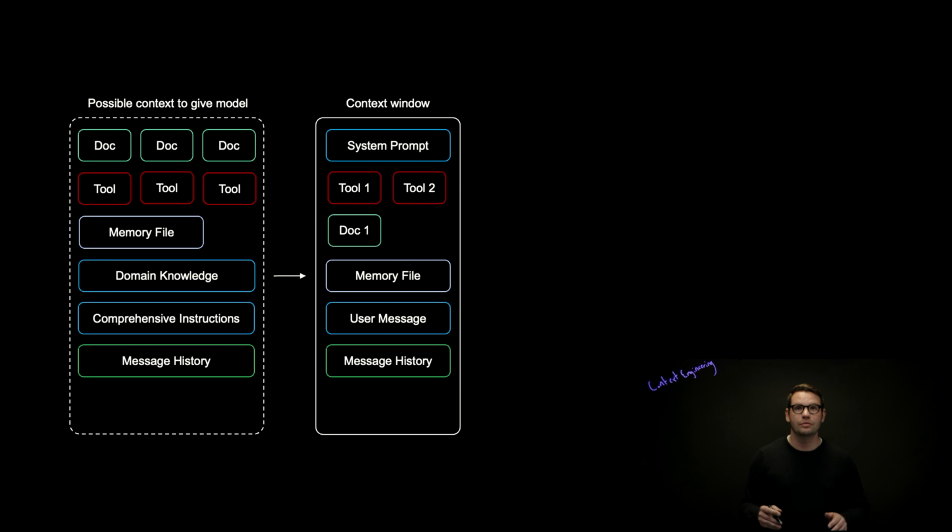We'll have a couple of tool calls and guidance around that, maybe a reference document, memory file, perhaps some user messaging in terms of their own custom prompt, and then it will have access to the message history. And that's going to get delivered to the large language model. So that's, in this case, let's say the most effective amount of context that we're going to carry forward to the LLM so that it can ultimately maximize its ability to execute in an accurate way.